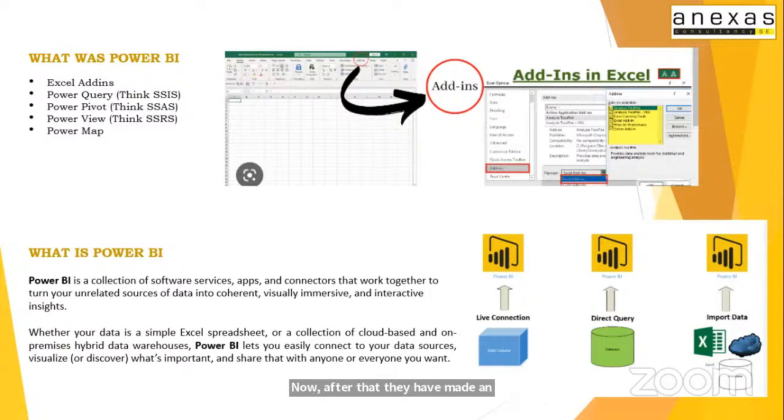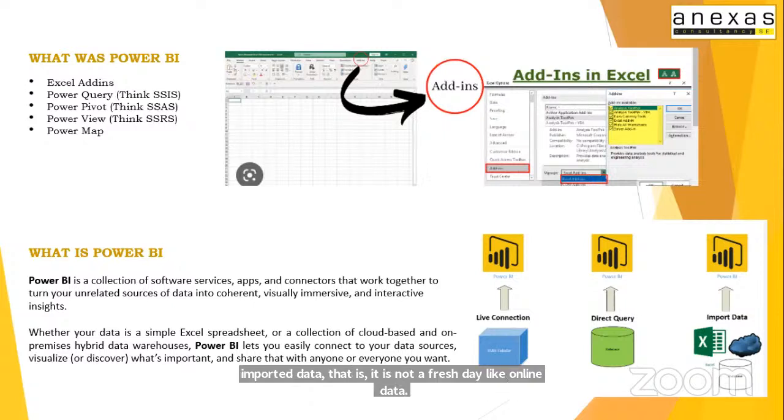It's a collection of services, apps, and connectors that work together to turn your unrelated sources of data into visual and interactive insights. You can link live data or take imported data, and refresh whenever you want to update the data. You can take the data from SharePoint.